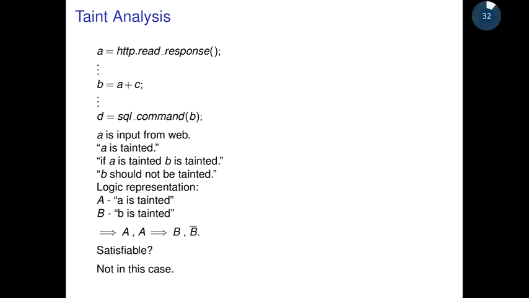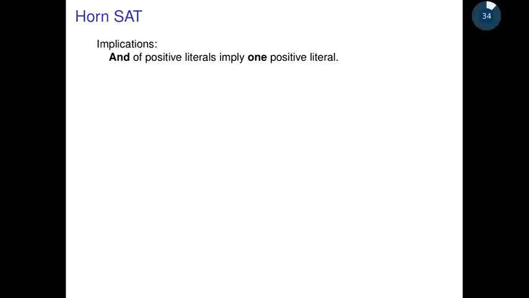Well, not in this case, because A is true. If A is true, B has to be true, but we don't want B to be true. So this is bad code. Right? Okay. So your compiler would do this analysis, this taint analysis, and then it would say this program is tainted. Don't use it. Okay?